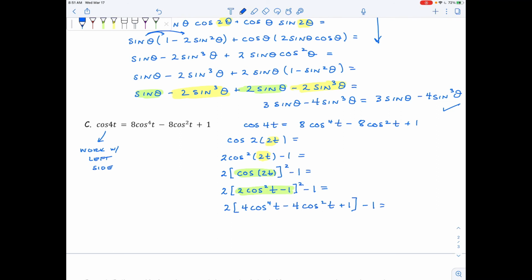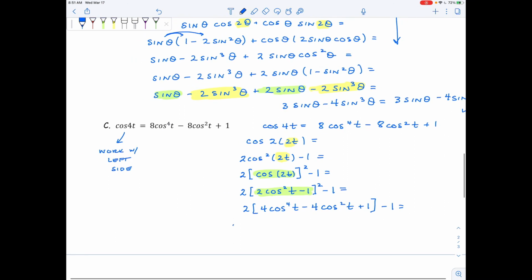So now I can just pull the 2 on through. So I've got 8 cosine to the 4th t minus 8 cosine squared t plus 2 minus 1. And we are almost there. We just need to combine the plus 2 and minus 1.